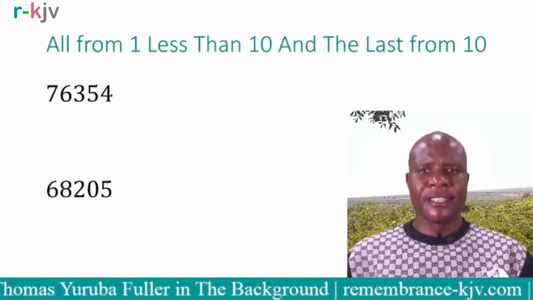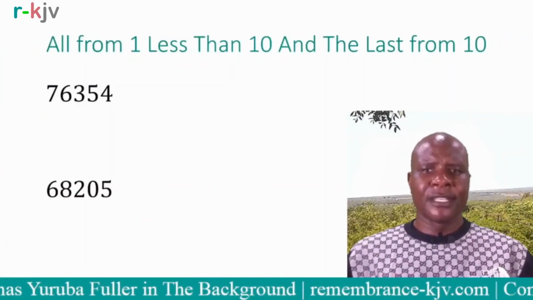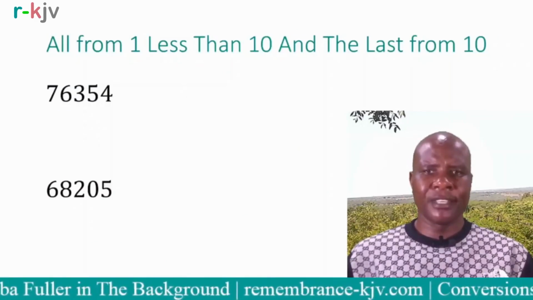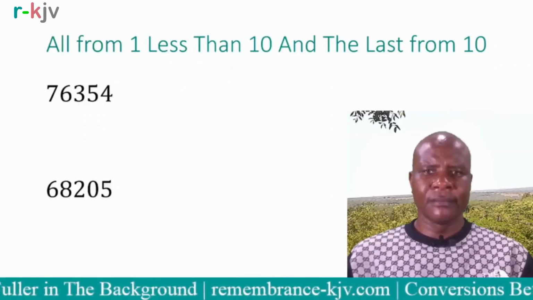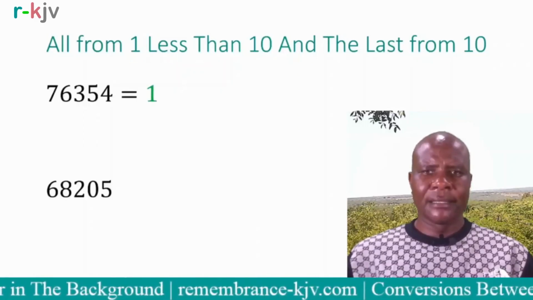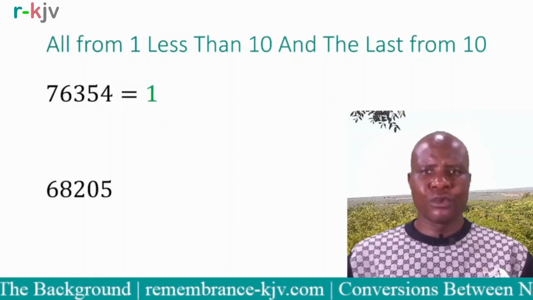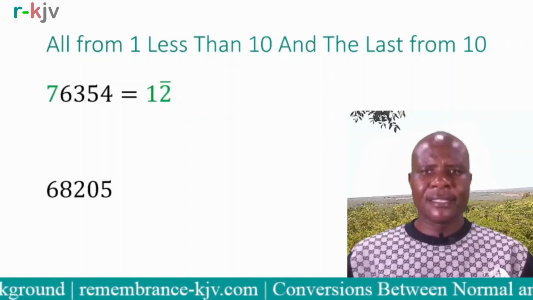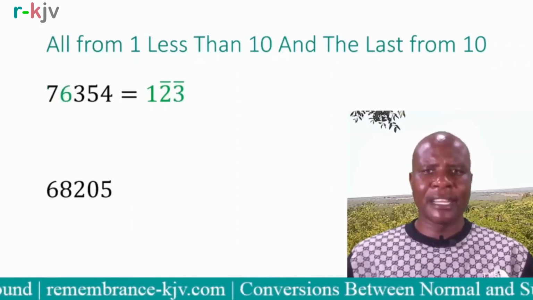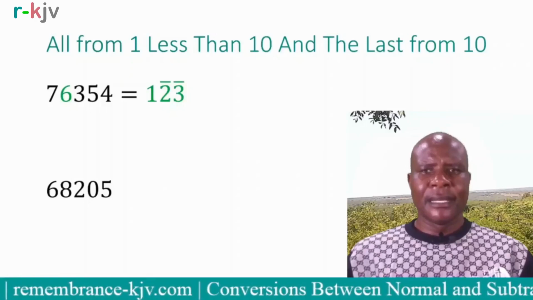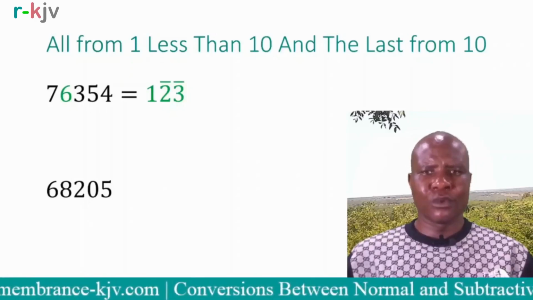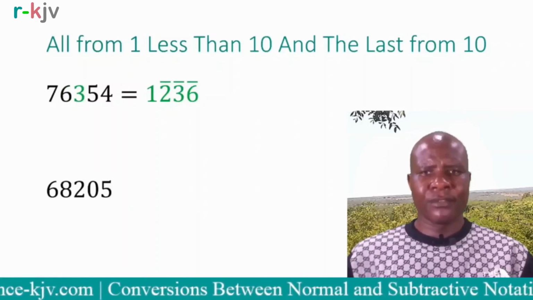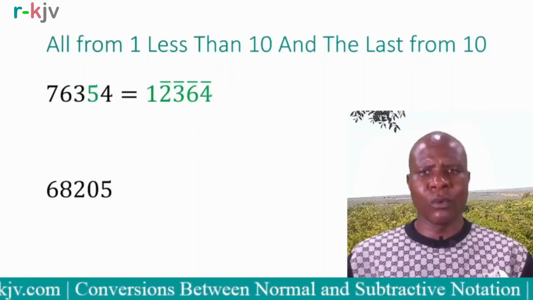Let us practice the application of the sutra. 76,354 can be converted to its subtractive equivalent this way. We write down 1. 9 less 7 is 2, so we write down bar 2. 9 less 6 is 3, so we write down bar 3. 9 less 3 is 6, so we write down bar 6. 9 less 5 is 4, so we write down bar 4.